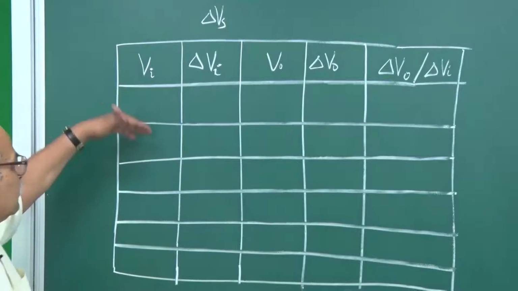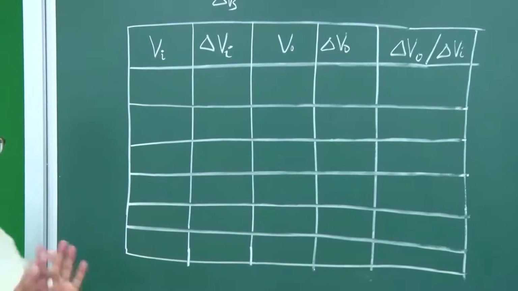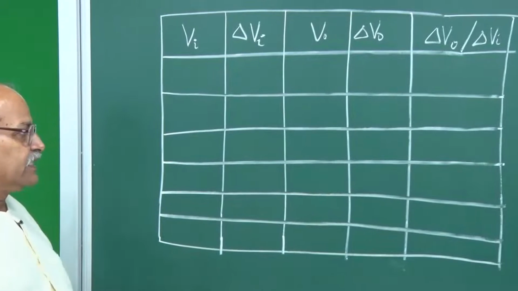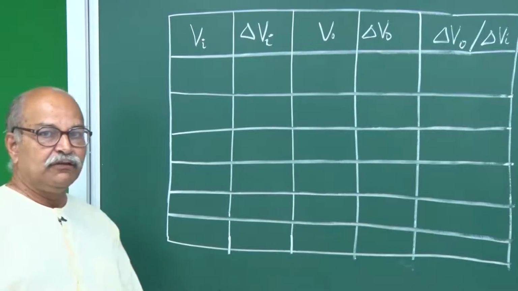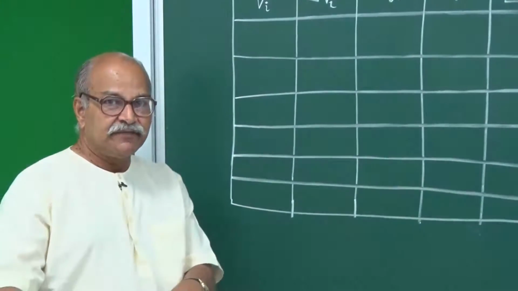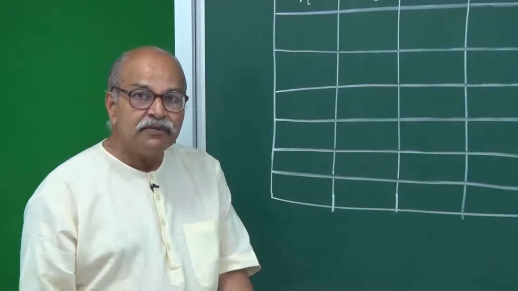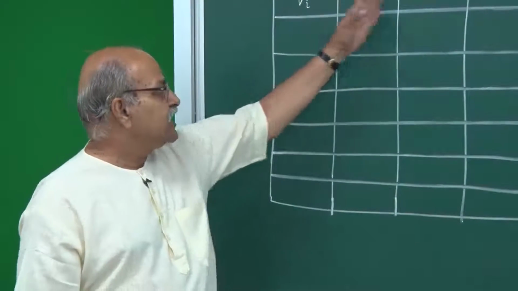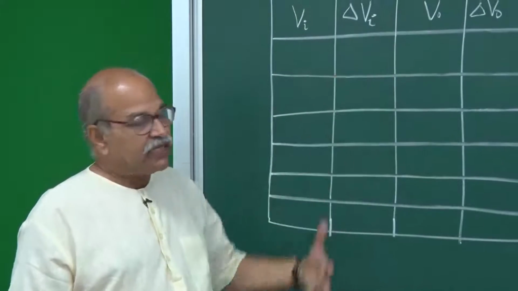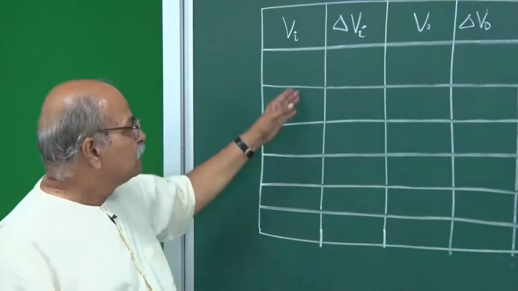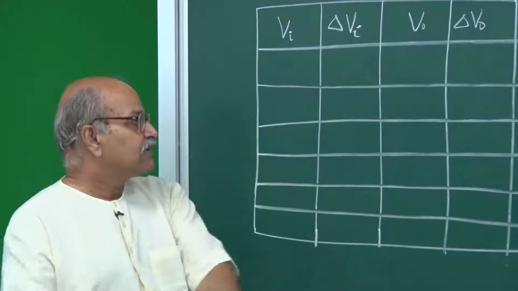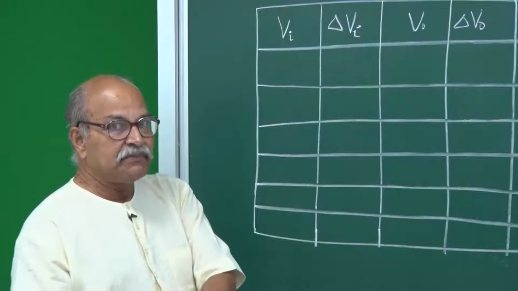Let us take 1, 2, 3, 4, 5, 6 to get the idea of how it changes. I will be doing the experiment, and on the two multimeters you will have this Vi and Vo, and I will ask Mr. Ranjit to fill this table as I call the numbers from the experimental table.